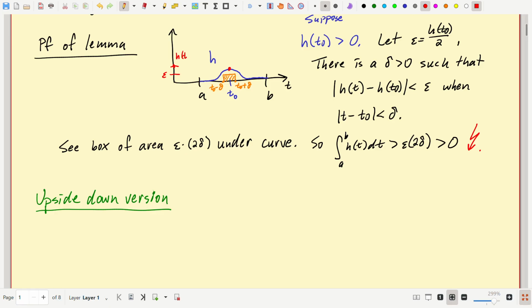So if h of t is within a distance of epsilon of h of t naught, that's h of t naught over 2, it would be above that orange box. So that orange box is underneath. You agree that h of t in this section would have to be above that orange box. So that orange box is under the curve. Okay.